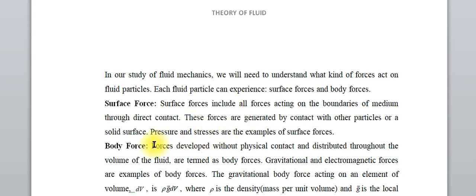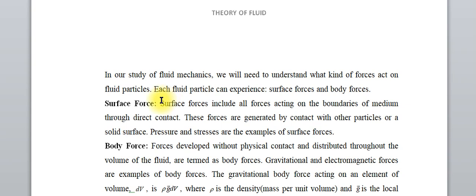The second kind of force which is experienced by the fluid particles is the body force. A body force is developed without physical contact. Look at the difference between these two.